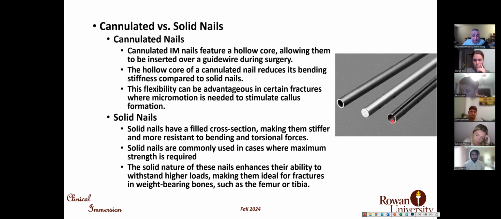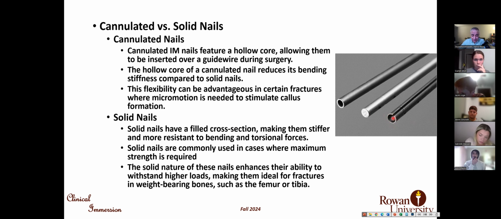And you remember from the plating, when we have a more flexible fixation, we have more strain in the fracture site, so we have a better secondary bone healing. So everything is in favor of the cannulated nail.